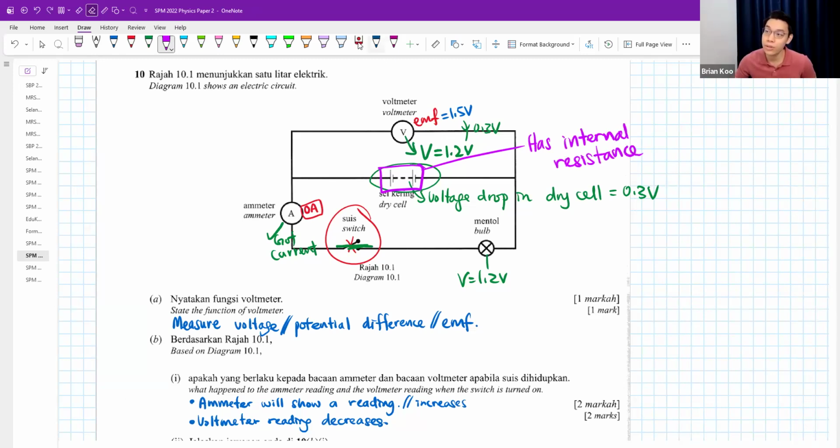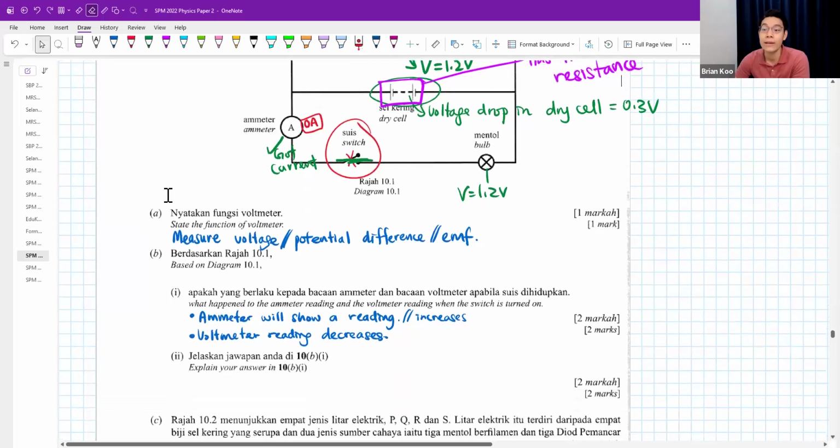Because in a battery there is also resistance, when current flows in, the battery also needs some voltage. How much voltage does it need? It will need 0.3. If the battery needs 0.3, do you agree? The rest of the circuit will only have 1.2 left.